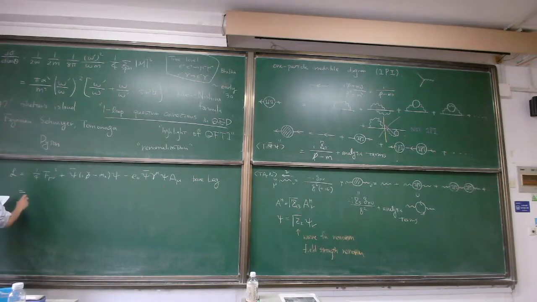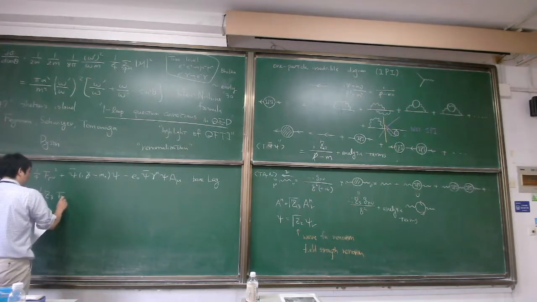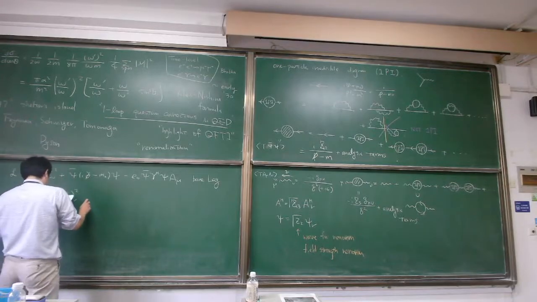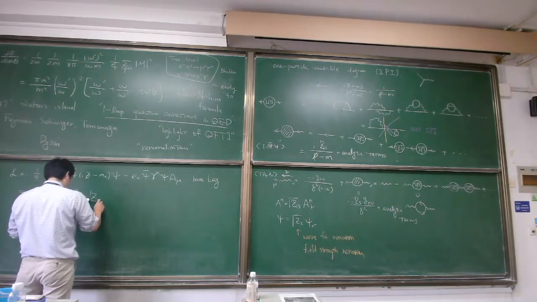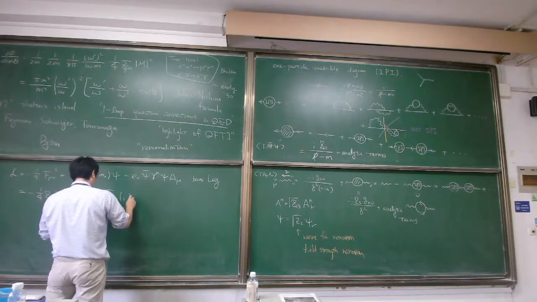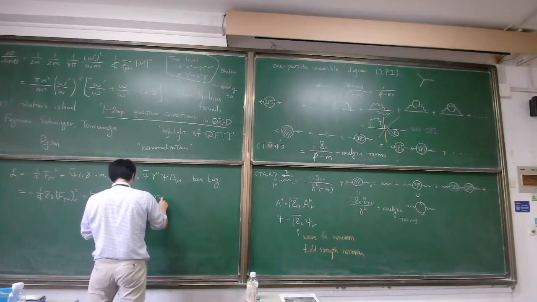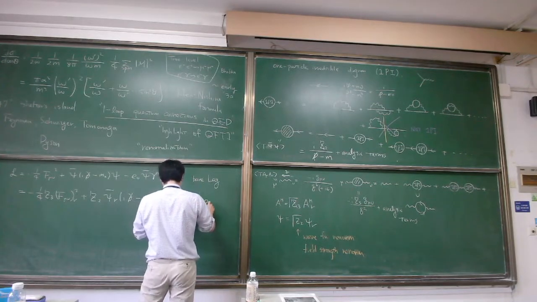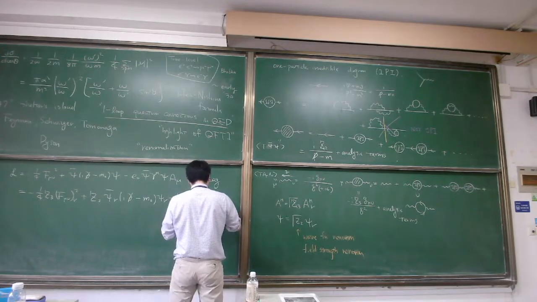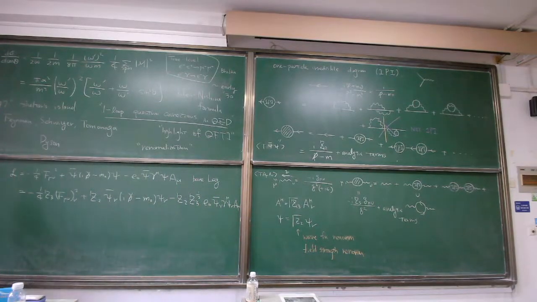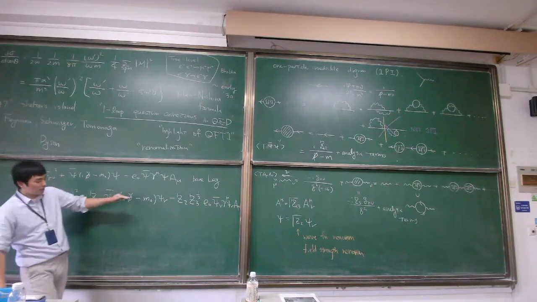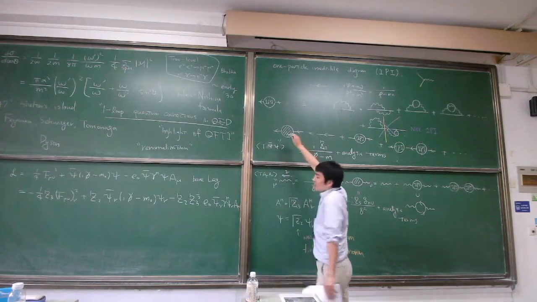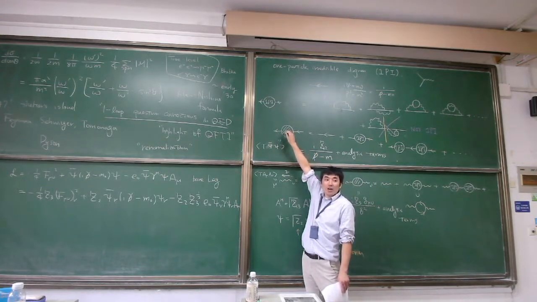If you rewrite this one, what we have is 1 over 4 Z3 F mu nu R square plus, and so on. We just rewrite in terms of this renormalized field, which is a much more physical field, because we cannot zoom into so much detail about this quantum correction.